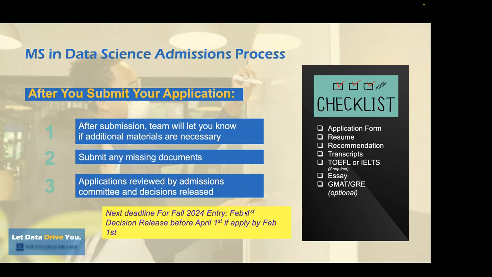And then all the decisions will be released before April 1st. So if you apply by February 1st, you'll definitely hear from us by April 1st. And I'm very confident to release the decision earlier than April 1st. So stay tuned. If you don't hear from us, it's good news. Just wait to hear a decision from us.